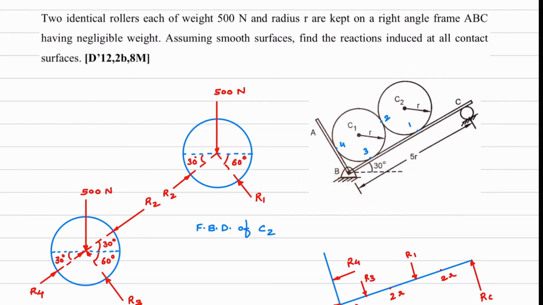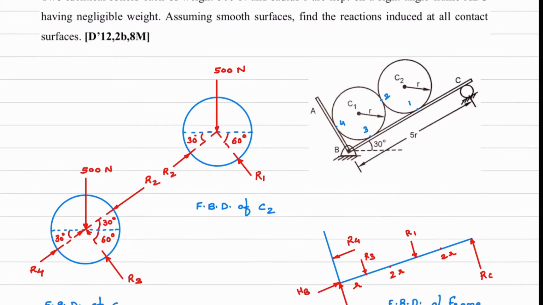So we have to calculate HB, VB, then RC, and then the reactions over here. This is a smooth surface, so there will be R1, then R2, R3 and R4. We have to calculate all these reactions.